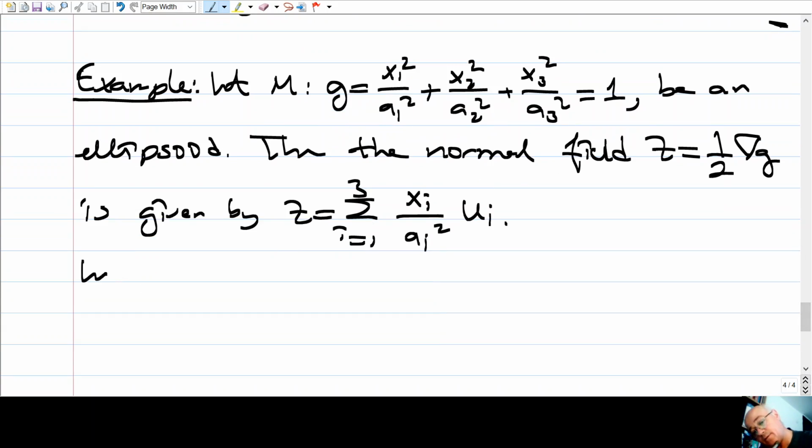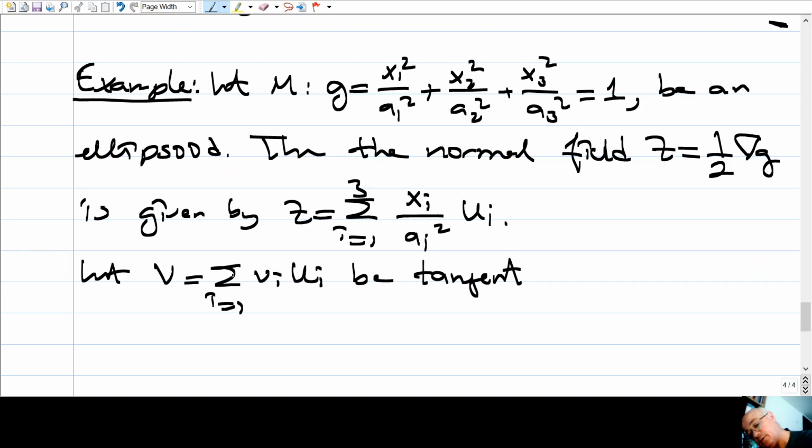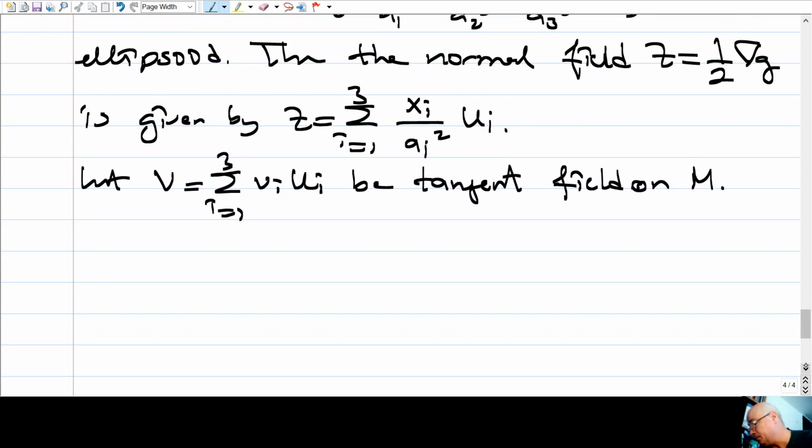Let v be any other field which is tangent to the surface, be a tangent field, on the ellipsoid. Then what is the covariant derivative?